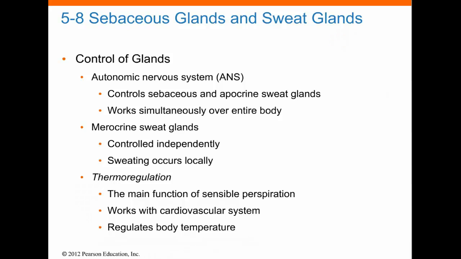It also works with the cardiovascular system to help regulate body temperature. So when you are very hot, you can become flushed if you have pale coloured skin, and that flushing is another way of the body getting heat away from the central core and distributing it out through the skin, where the heat is conducted out to the external environment.